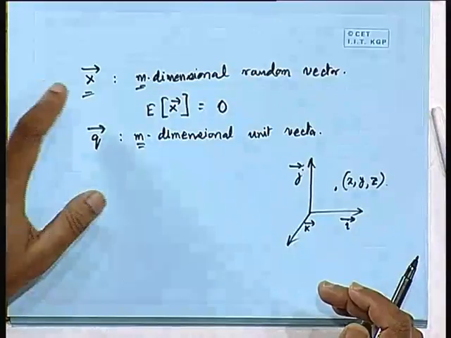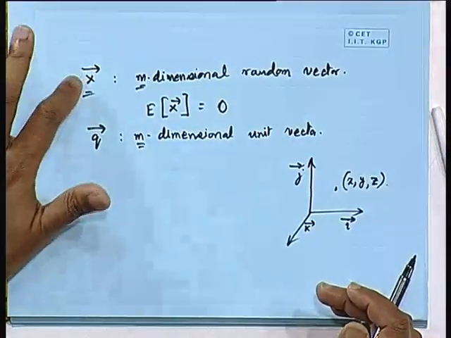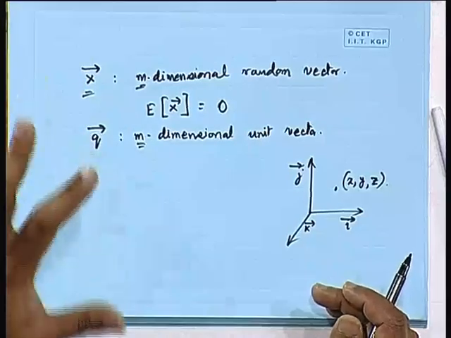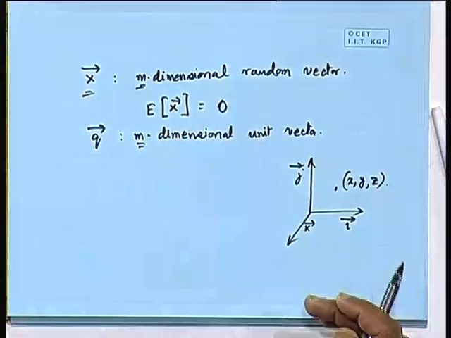It is a projection that we get, and then we get ix, jy, kz. So, essentially this is a 3 dimensional thing projected onto a 3 dimensional unit vector space, and likewise here we have an m dimensional random vector which we are projecting onto an m dimensional unit vector.